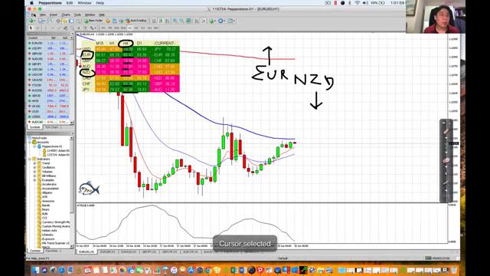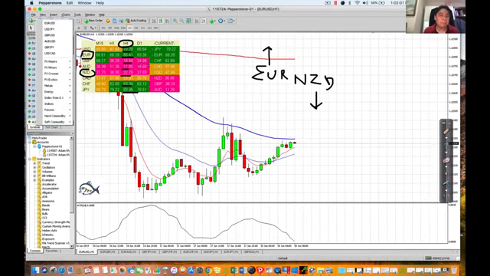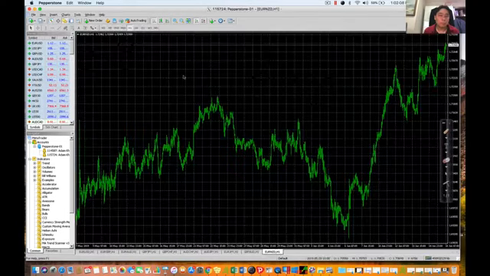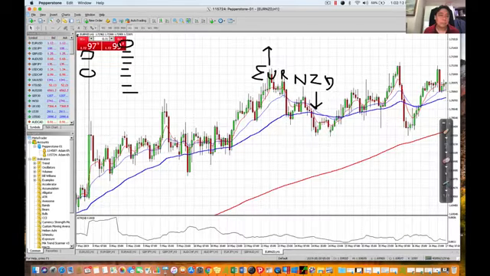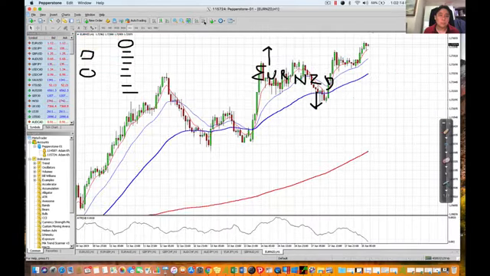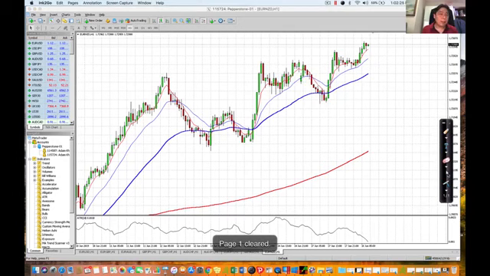So if I go and look at the Euro-New Zealand pair, all right, so I'm at the Euro-New Zealand pair, and sure enough, you can see Euro-New Zealand.